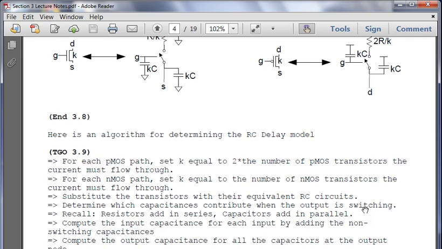And in parallel, 1 over R total is equal to 1 over R1 plus 1 over R2 plus dot dot dot plus 1 over Rn, which is the summation from i equals 1 to N of 1 over R of i. And for capacitors, just replace everything in this equation with C. That's how it's done.